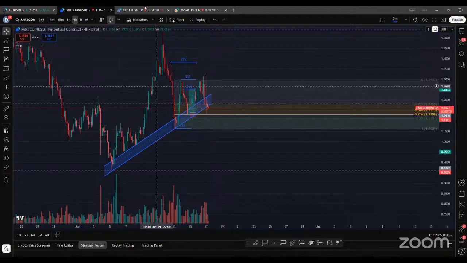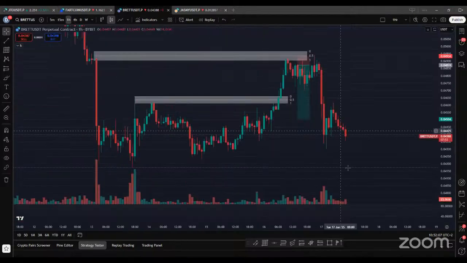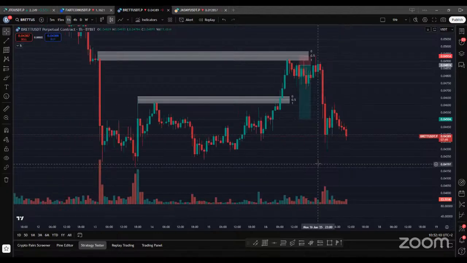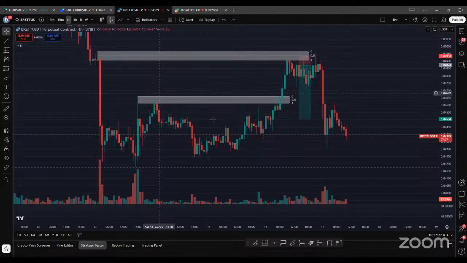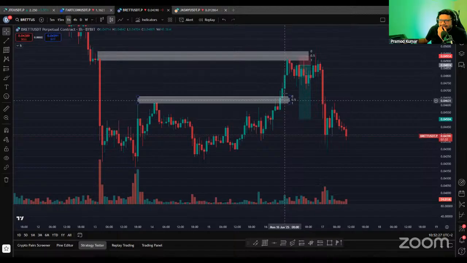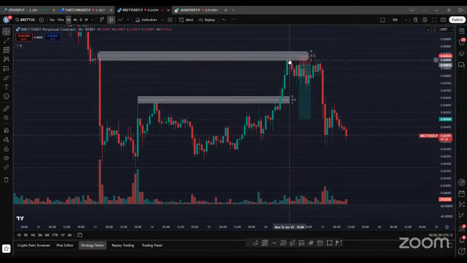Brett. Okay, and then on Brett, yeah, again, Brett looks similar to a few of the other tokens we've looked at today. I marked on the 1 hour this big drop from the top there, and then I marked the breaker block here, and it went up and tapped into that.